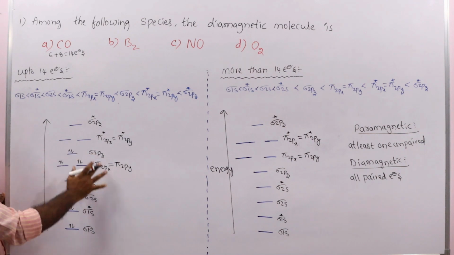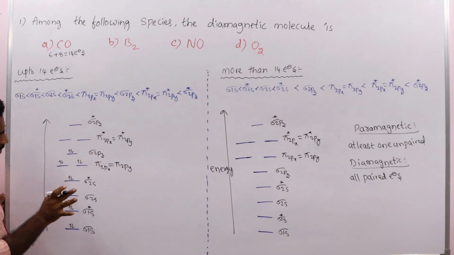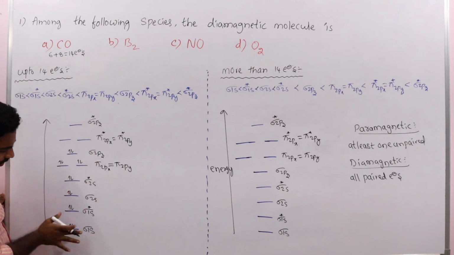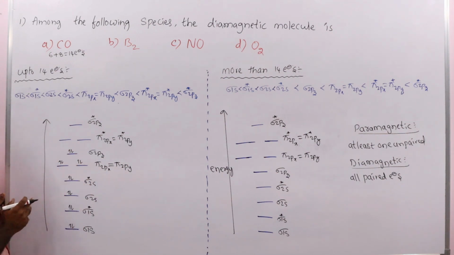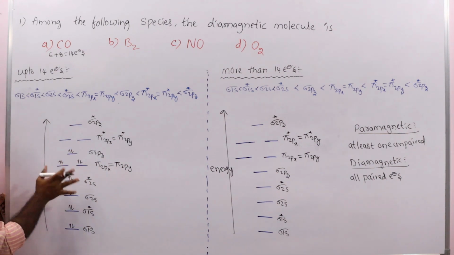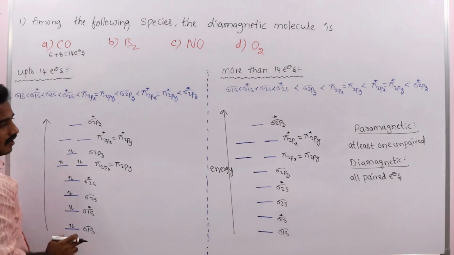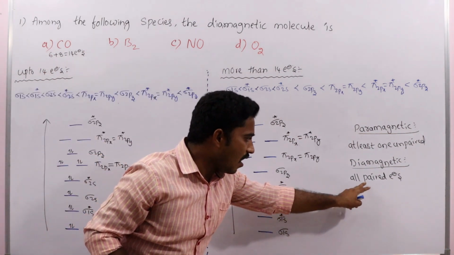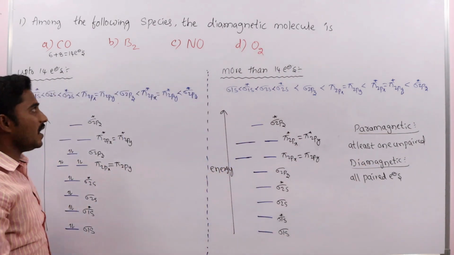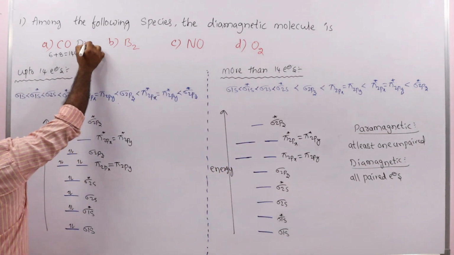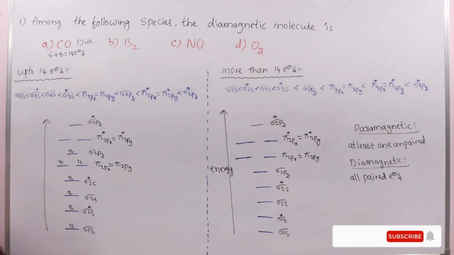The 14 electrons are finished. When you observe this, is there any unpaired electron? There is no unpaired electron for CO. So if a substance contains all paired electrons, the substance is said to be diamagnetic.